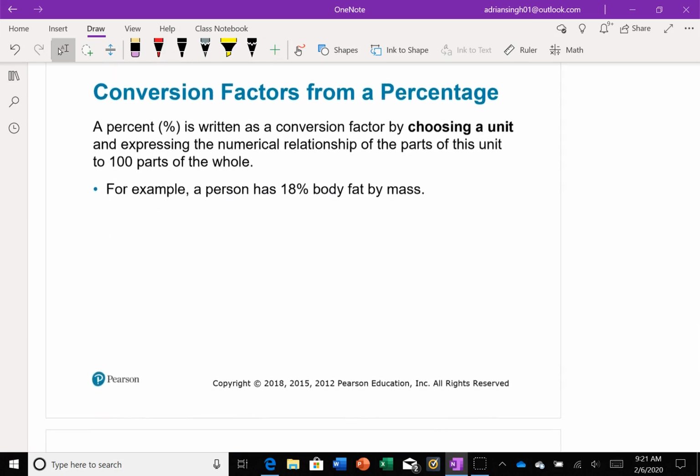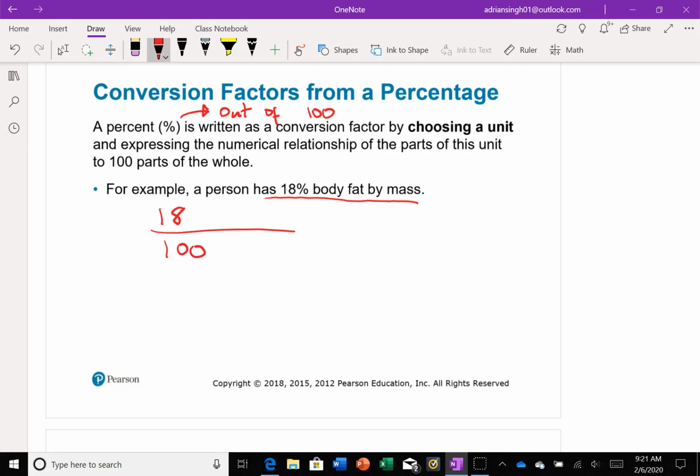Right, so for instance, if we're told that a person has 18% body fat by mass, well, we looked at percentages before in the previous chapter, and we said percentages always mean out of 100. So if we're dealing with body mass and we're told that the person has 18% body fat by mass, then that's saying that it's 18 out of 100.